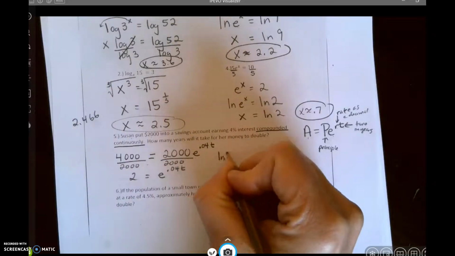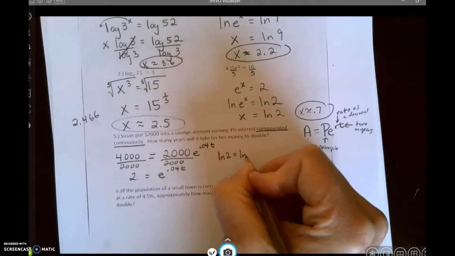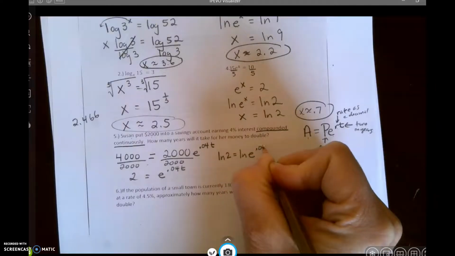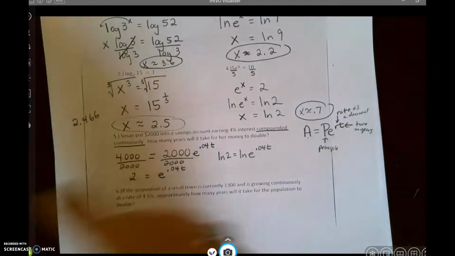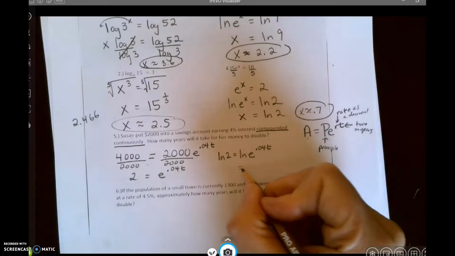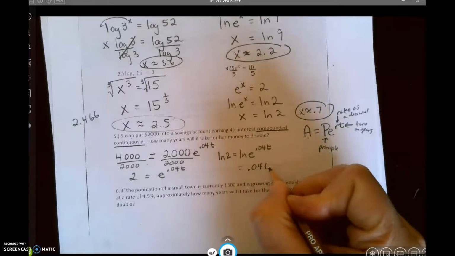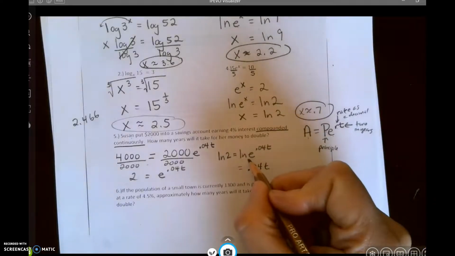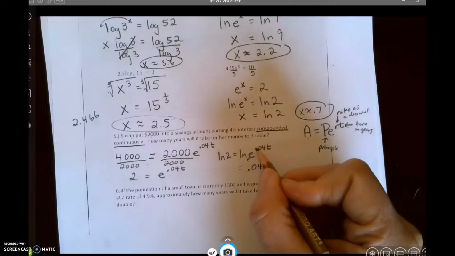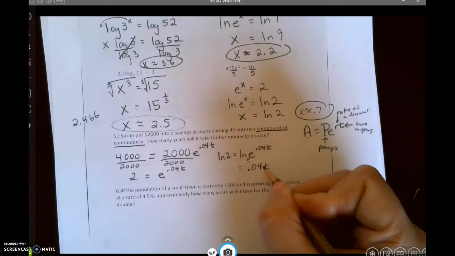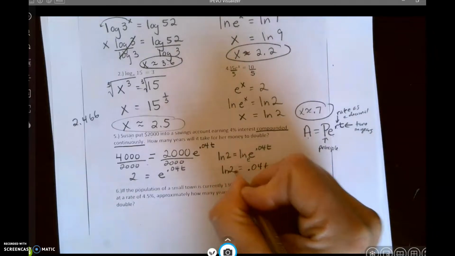So I'm going to have the natural log of 2 equals the natural log of e to the 0.04t. Well, this is just going to be 0.04t, because remember, the base is e. e to what power is e to the 0.04t? Well, this 0.04t equals the natural log of 2.